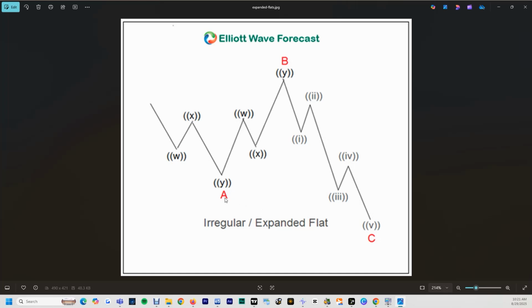Many people that just begin to study Elliott Wave learn ABC as a zigzag, right? But it's not always a zigzag. Flat is also labeled as an ABC, but the difference from the zigzag is the subdivision. A zigzag is a 5-3-5, but a flat is a 3-3 and then 5, right?